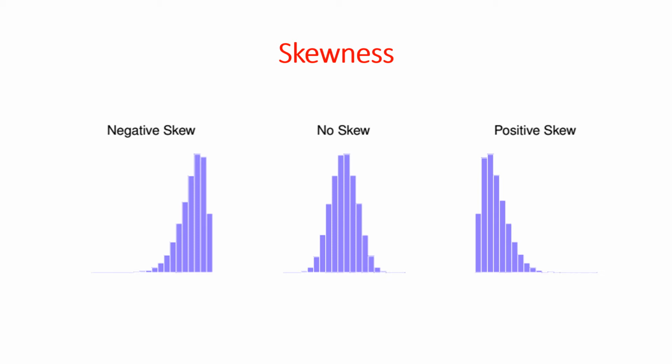Generally speaking, we wish that our data has no skew. Data with no skew is normally distributed data where its shape is like a bell. So it's very symmetrical.